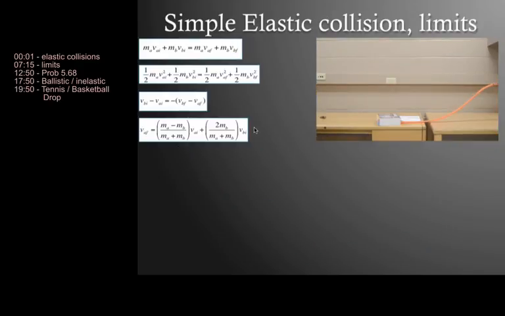So now I'd like to go back and talk a little bit more in detail about this equation. This equation is a consequence, again, of our conservation of momentum and conservation of kinetic energy. So this equation right here, we're going to consider the limits of this.